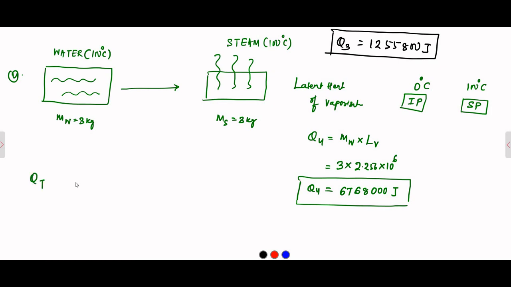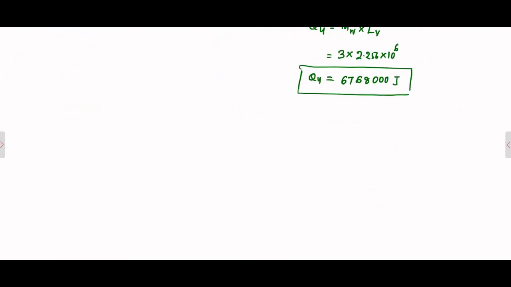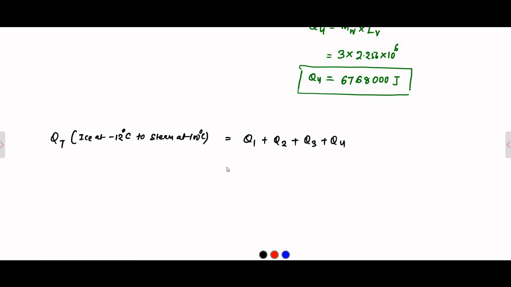So the total heat required, you can use the black pen, for transition of ice at minus 12 degrees Celsius to steam at 100 degrees Celsius is equal to Q1 plus Q2 plus Q3 plus Q4.